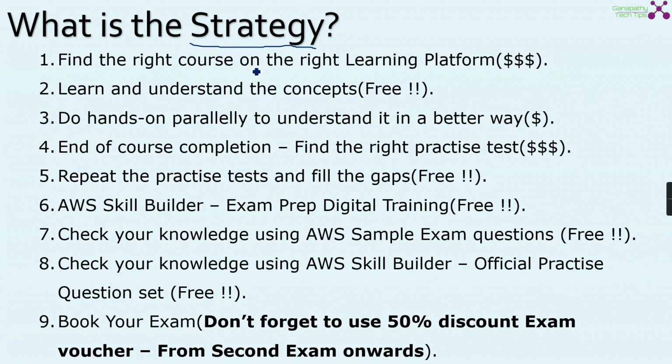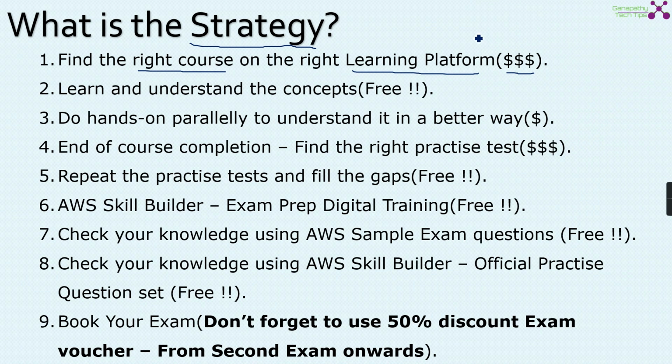So first of all, when I start with the AWS certification, I have to find the right course first. Say I'm selecting a specific AWS certification like AWS Certified Cloud Practitioner or AWS Certified Solutions Architect Associate. First, what you need to do is find the right course on the right learning platform. Of course, you need to pay some money out of your pocket.